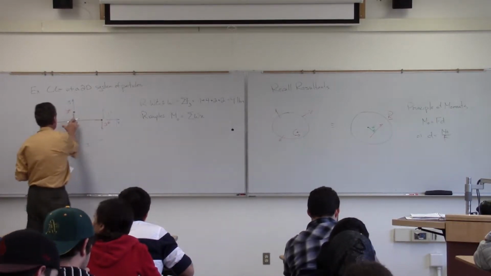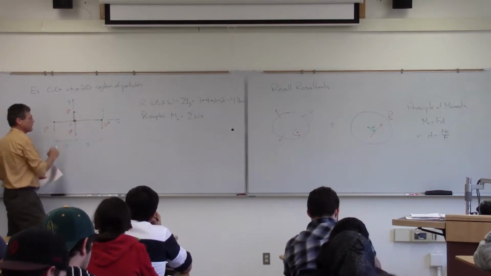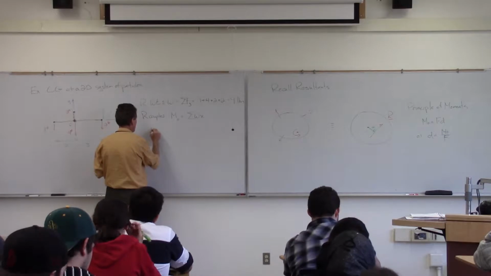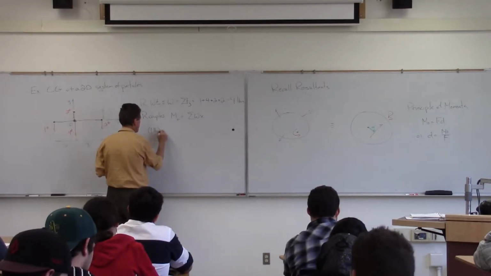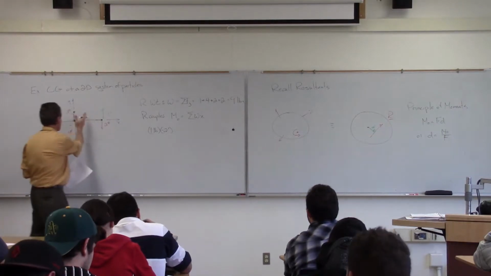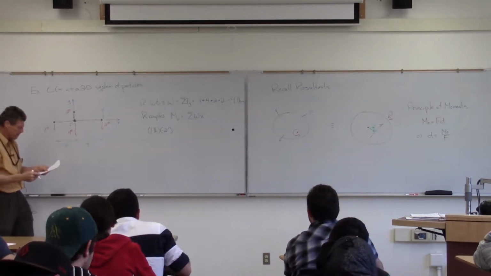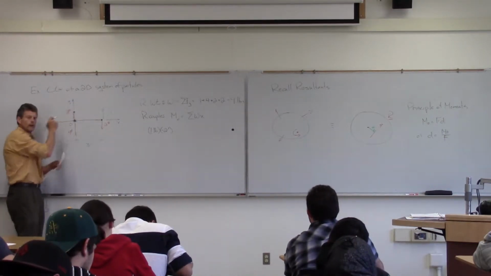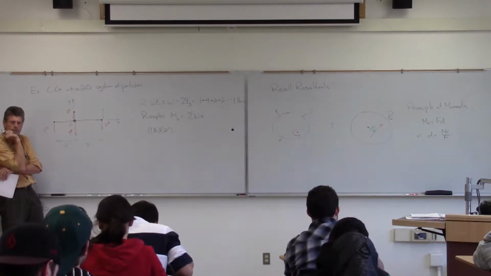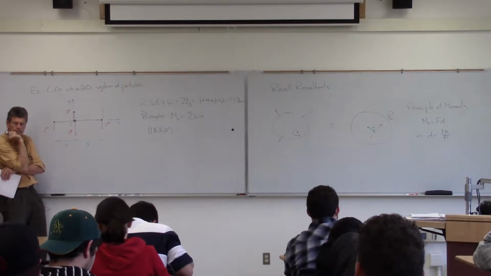So in terms of looking at that, well, I've got my 1 pound weight out here at 2 feet. So I'm going to go minus 2 feet over to get that one. Now, does this 2 pound weight contribute any moment to my point O? Does the 4 pound?